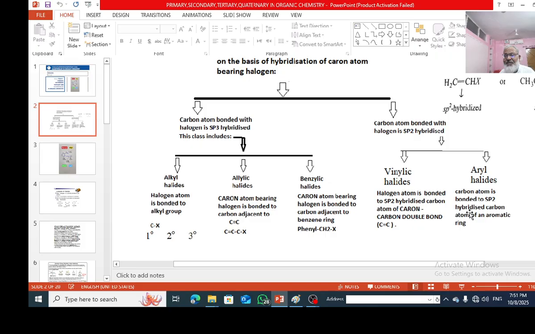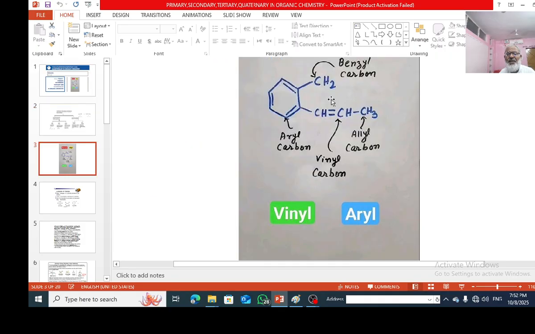Benzyl is C6H5CH2. If the ring is attached to CH2 double bond CH, the doubly bonded carbons are vinylic carbons, and in CH2 double bond CH, single bond CH3, this is the allylic carbon. So all 4 types of carbon have been shown in this figure.